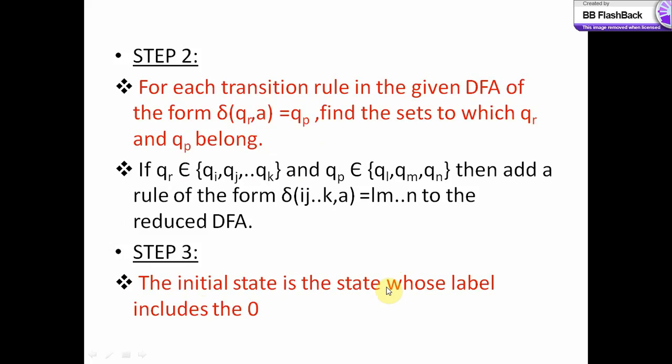The second step in the reduce procedure is that in the given DFA, we have transition rules for every state, so we need to find the transition rules for the new DFA. For each transition rule in the given DFA of the form delta of Qr, a is equal to Qp, find the sets to which Qr and Qp belong.